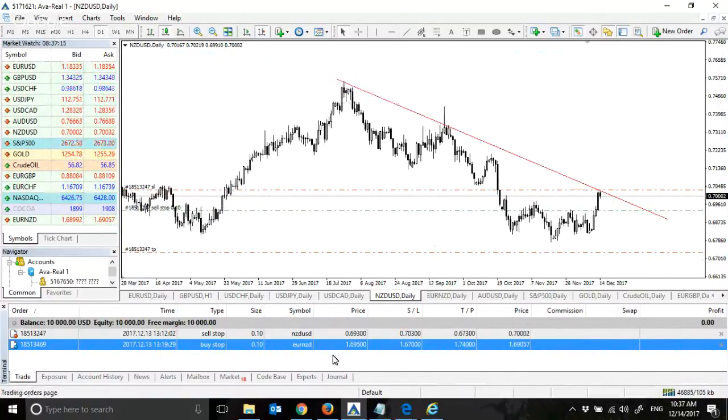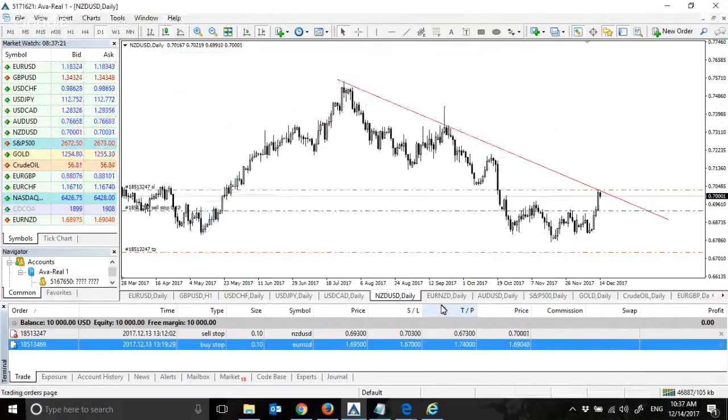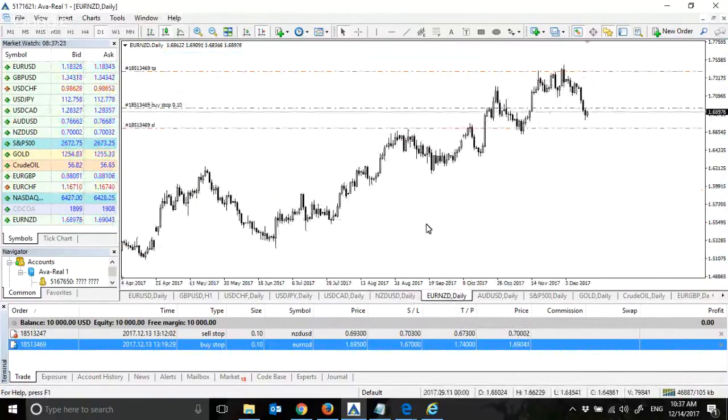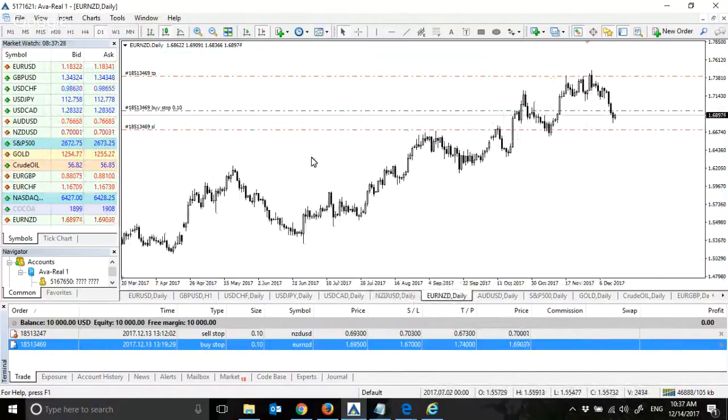The other thing that I want to change is the euro versus the New Zealand dollar pair. Again, yesterday New Zealand strengthened, but the euro strengthened as well a little bit. And here we can see the big picture. Again, this is a daily chart.